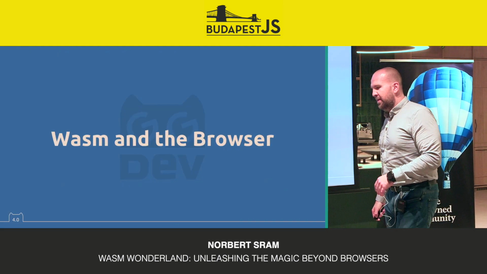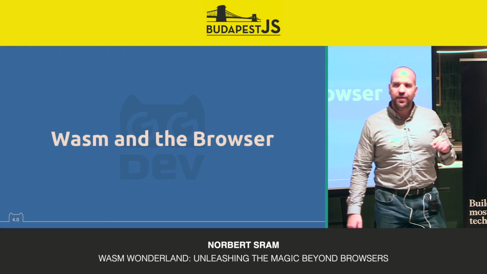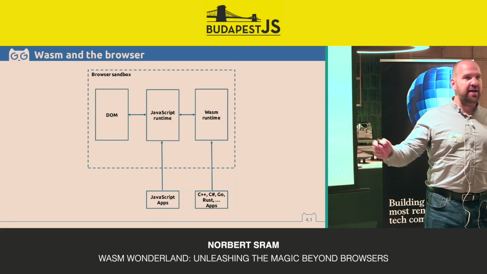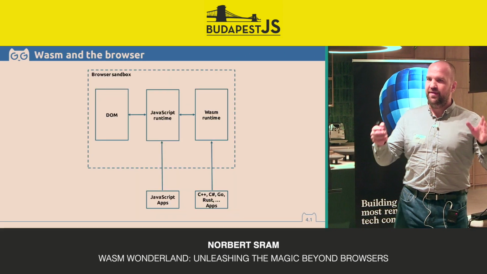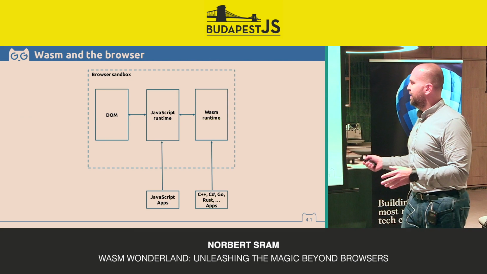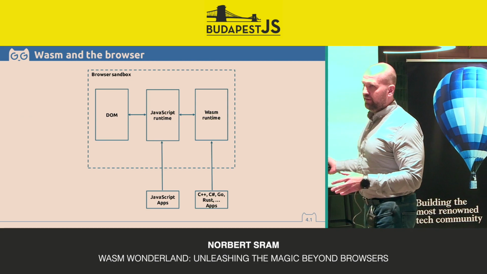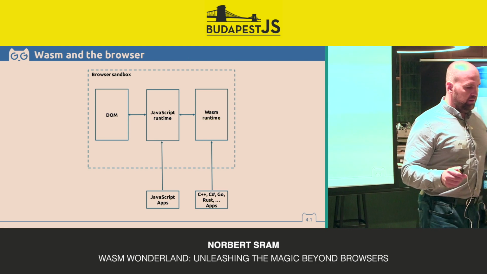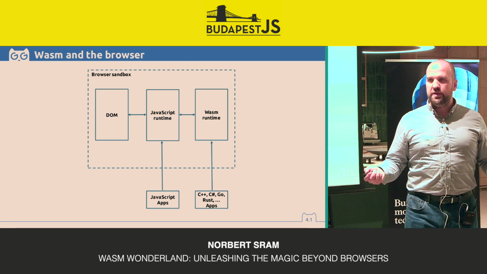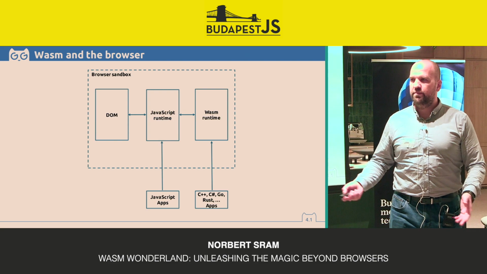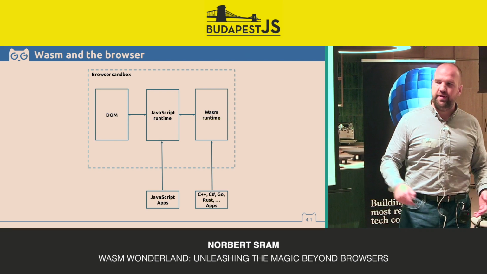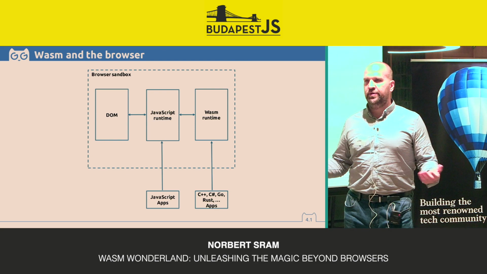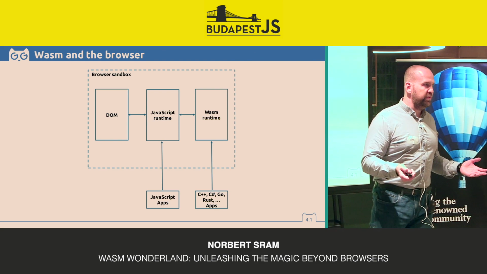Now, how do we use it in a browser? Before we get to that, again, I would highlight roughly the relationship of Batman and Robin. Batman being JavaScript, Robin being the Wasm runtime. So still, you develop your JavaScript application, you put it on a web page or upload it somewhere, and then you load your Wasm application written in whatever language you prefer.